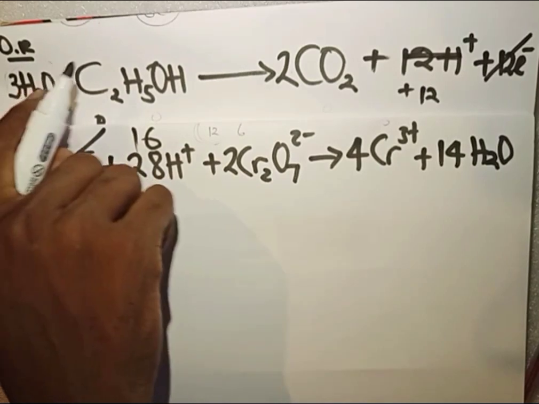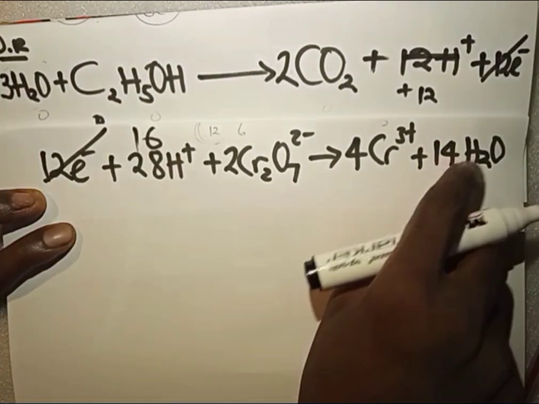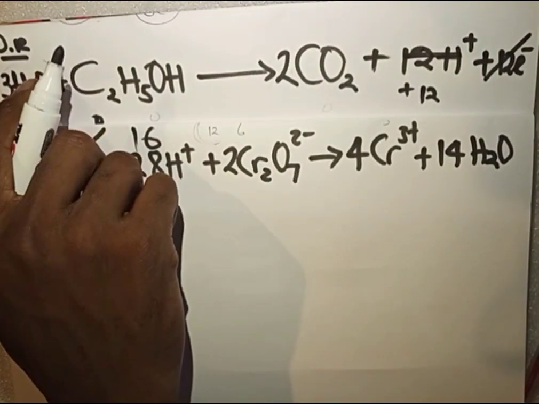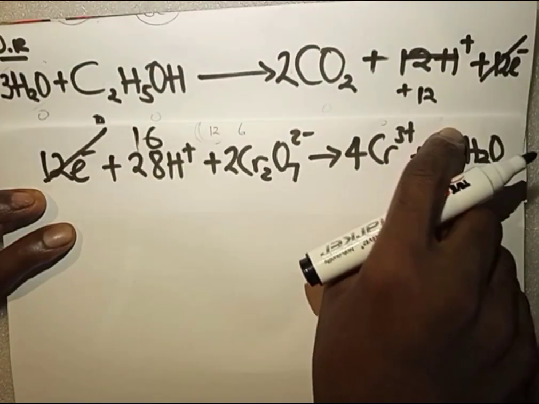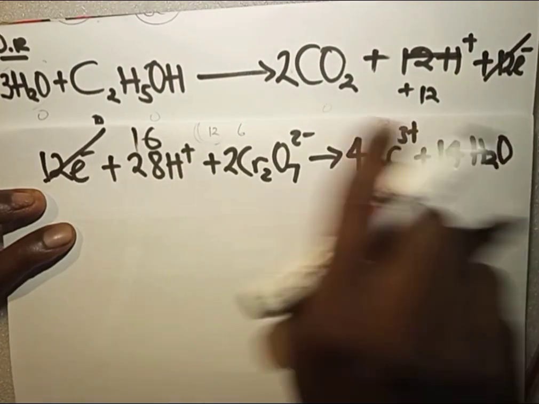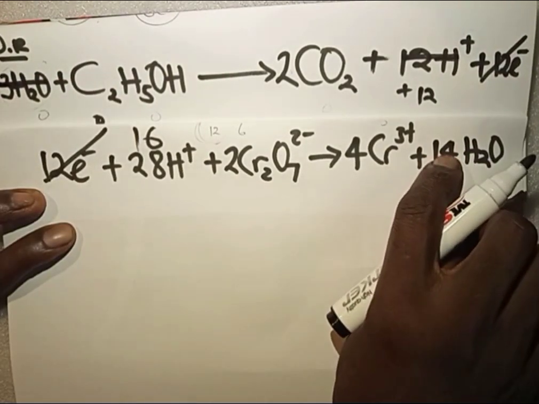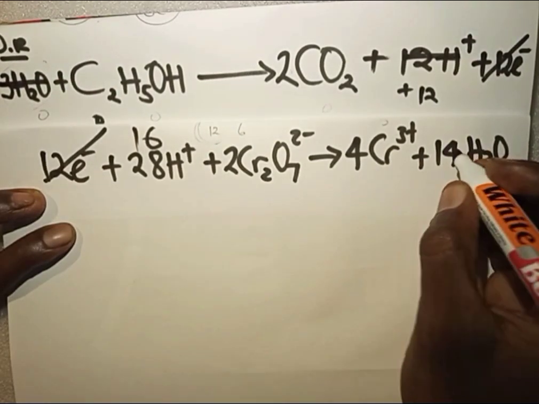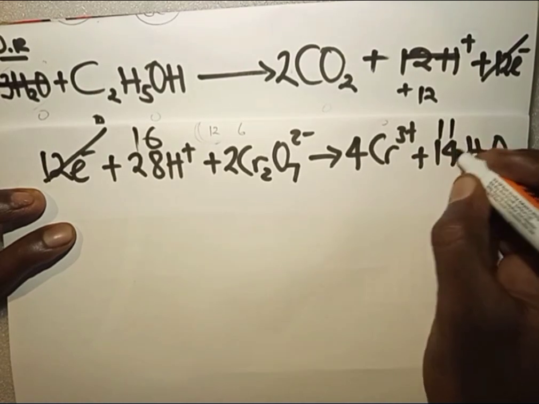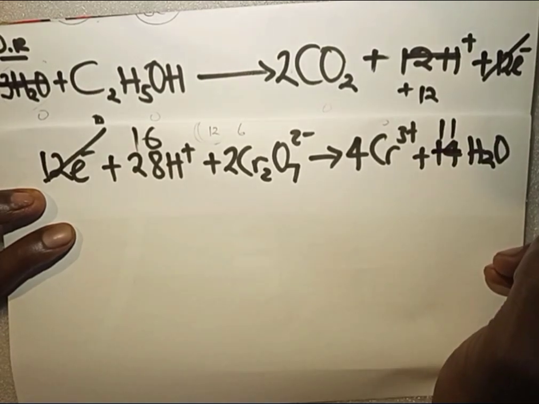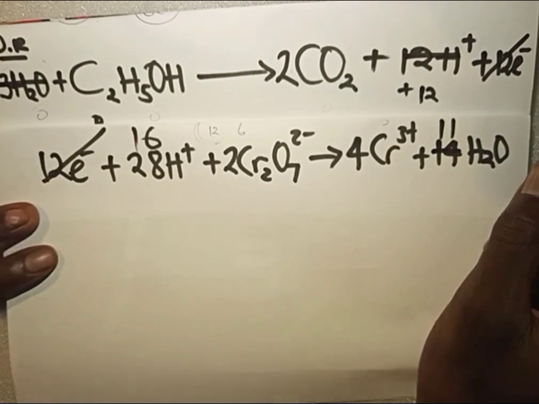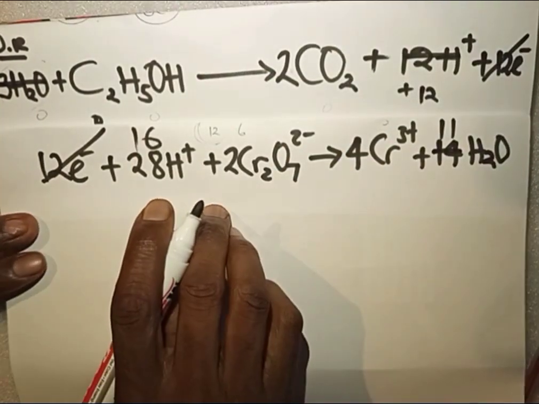Water. This is a reactant. When this water comes this side, actually this one will follow this one to avoid negatives. So this will cancel and it will subtract this one. We're going to remain with how many water molecules? 11. Okay?